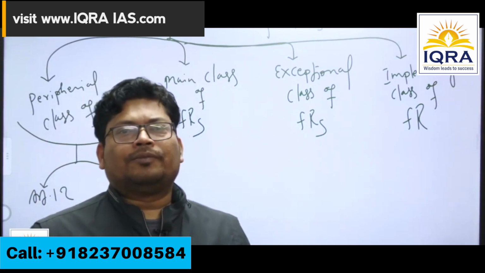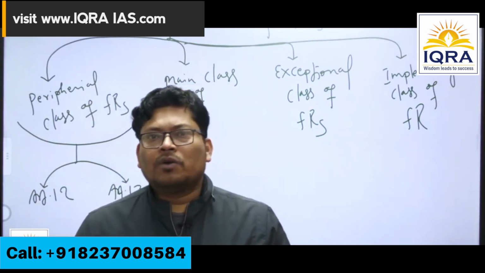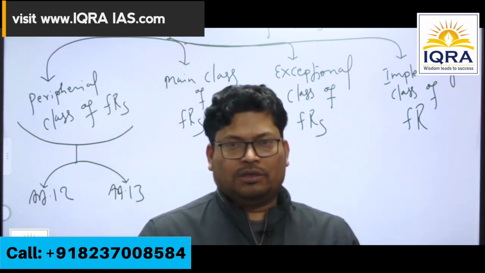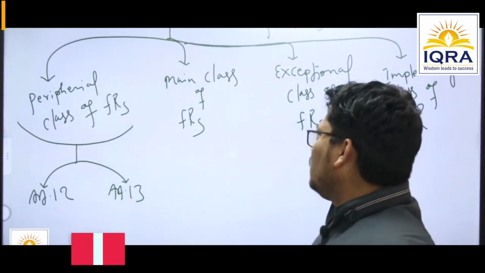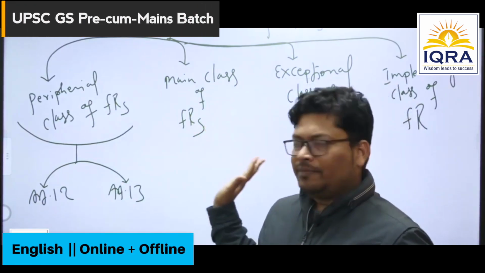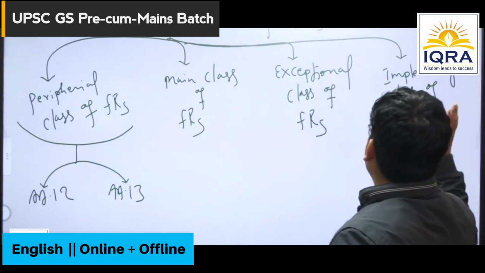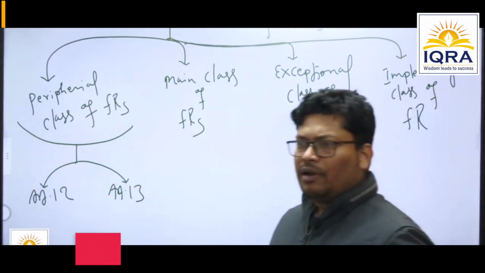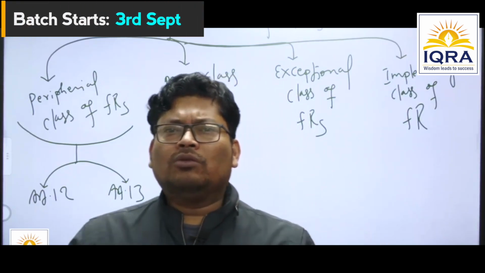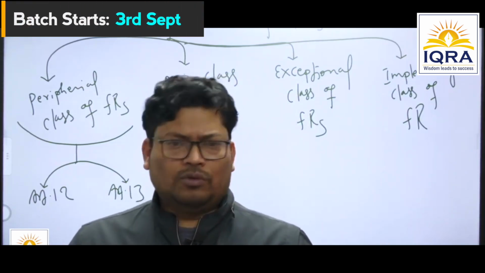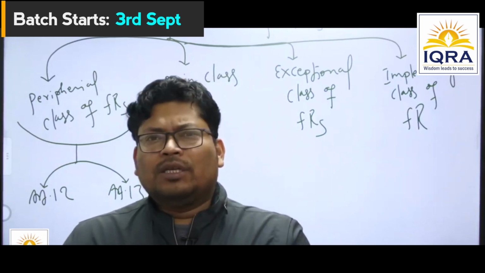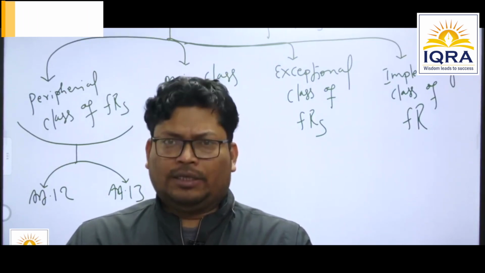We usually say that there are altogether 6 fundamental rights in our constitution. All those 6 are enumerated by the main class only. The remaining classes, the peripheral, exceptional and implementing classes, do not confer any right, but they make provisions related with rights.